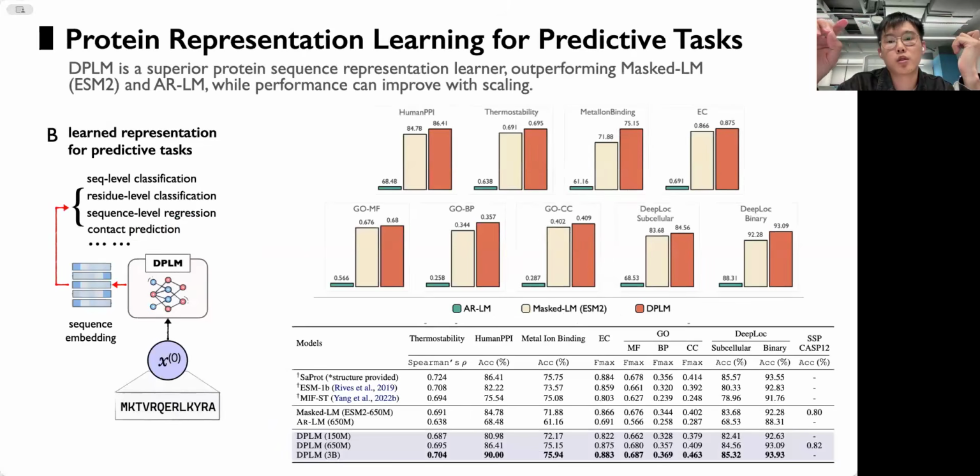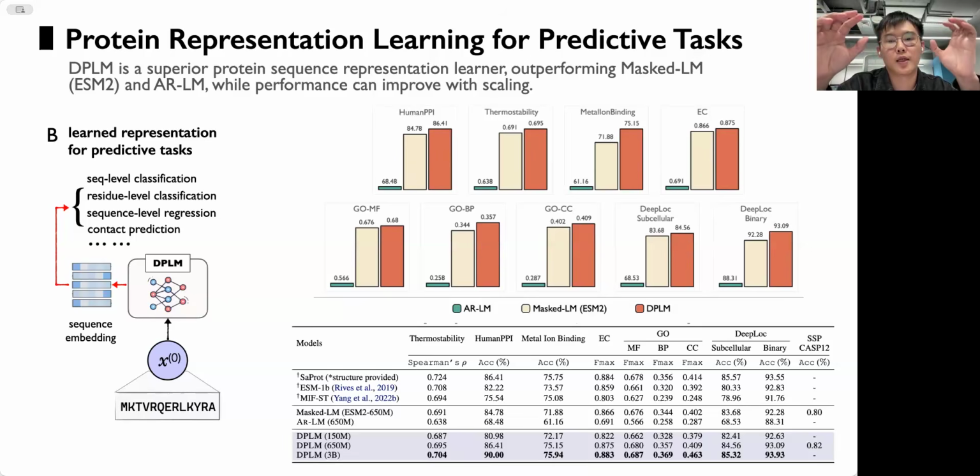We also evaluate the representation learning power of our model, because our model is learned at every noise level, including 0% noise.